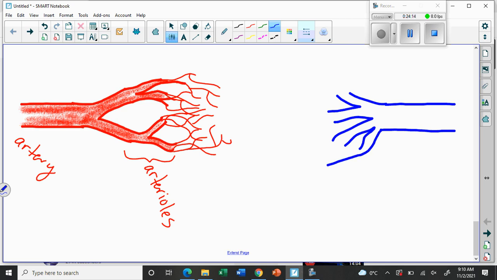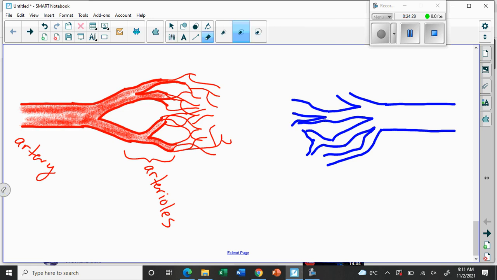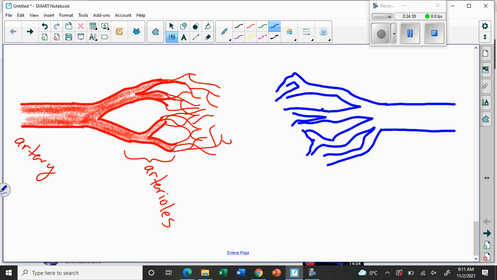Like this, branching again, branching one more time. And as they branch, they get smaller and smaller and smaller, right? So branching again, and this one sort of branching up like this. Okay, and down here, this one reaching over.